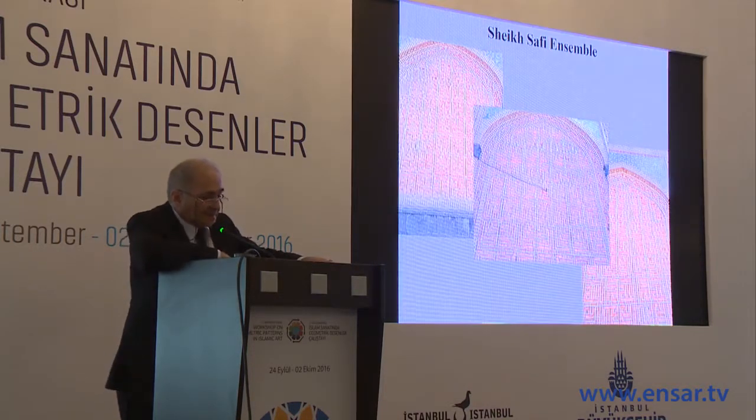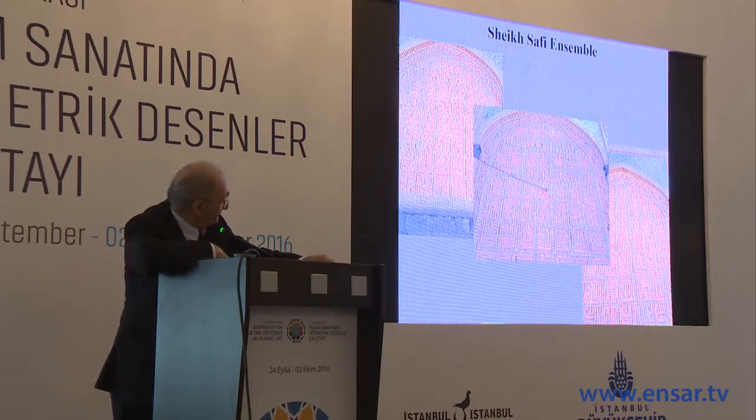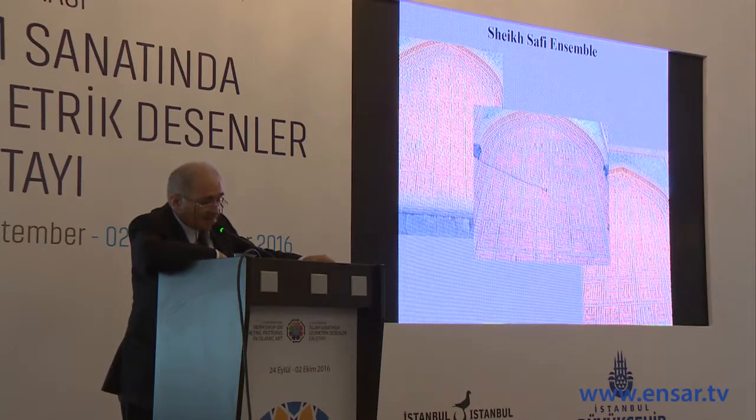The P4 plane group pattern in the Sheikh Safi ensemble was arranged with square Muhammad words. At the same place, there is a P4 plane group square Ali word between the Allah and Muhammad patterns.